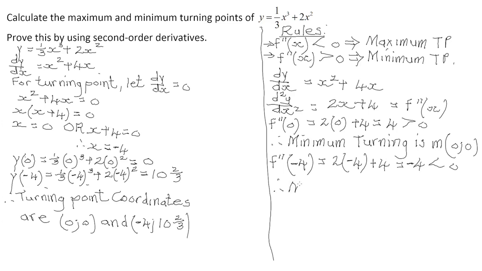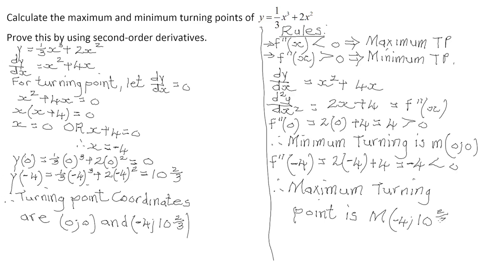Therefore, it is your maximum turning point. For maximum turning point, we use the capital M. And it will be the other one: (-4; 10 and 2/3). And that is your final answer.